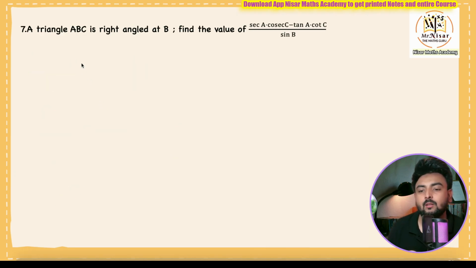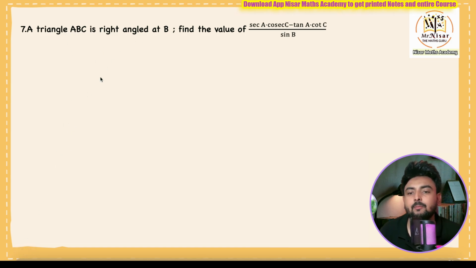Yeah. So the next question we have here, children, is: triangle ABC is right angled at B. So just let me take the marker. Can I say here, if it is right angled at B, angle A plus angle B plus angle C is 180 degrees.